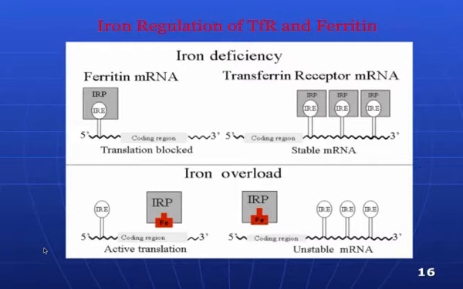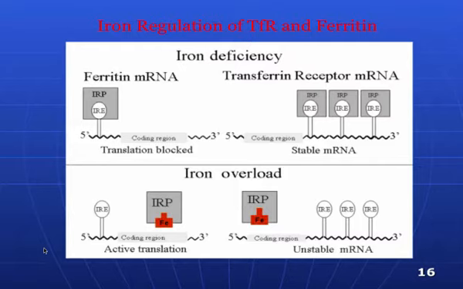In iron deficiency, this protein would be functioning as, which one? IRE-BP. In other words, if iron response elements are present, this protein will bind to it. Here is the ferritin mRNA. 5' end, 3' end, coding region.